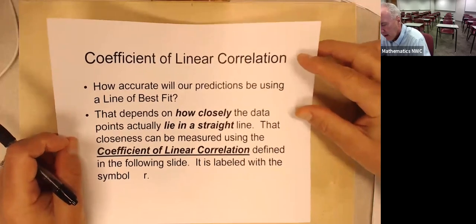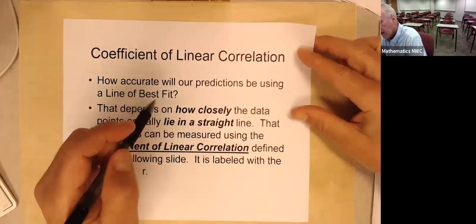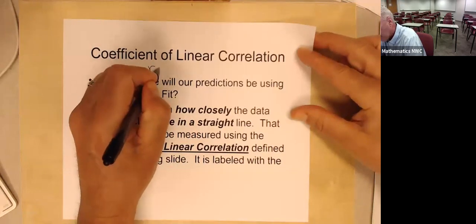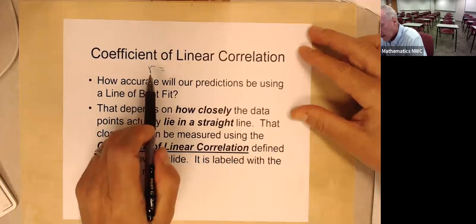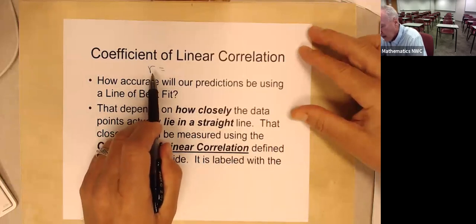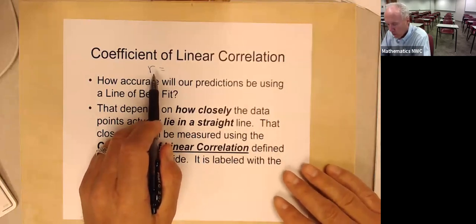Our last concept for today is our coefficient of linear correlation. That's that R that I talked about earlier that your calculator will also find. This R tells me how accurate my line is. Let me give you a visual of what I'm describing.